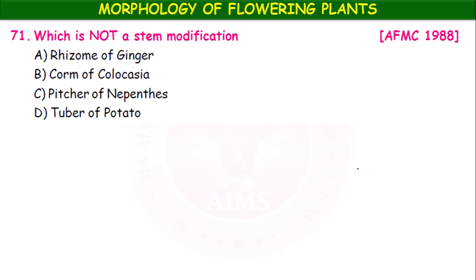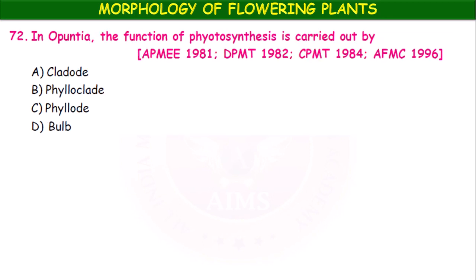Which is not a stem modification? Already completed. Pitcher plant. In Opuntia, the function of photosynthesis is carried out by phylloclade.